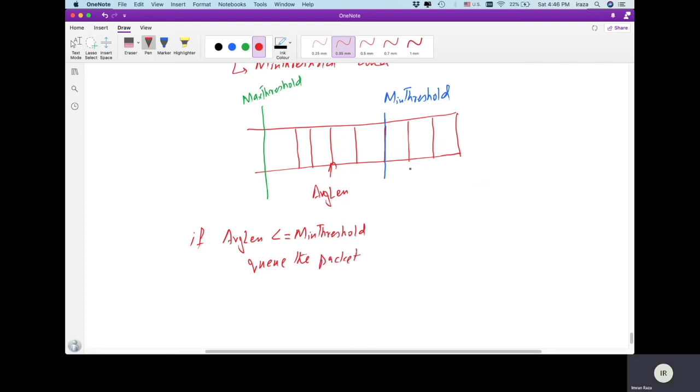So it's somewhere here, less than the minimum threshold, so we will keep queuing the packets.